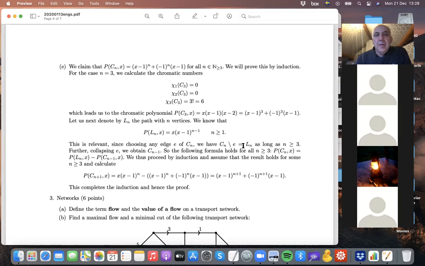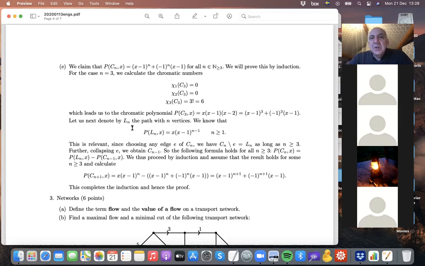Now, the next thing is that chromatic polynomials are fairly easy to calculate on a computer, but by hand it's not completely trivial how to do this. But graphs with very few edges, which are close to trees, are easy to handle.